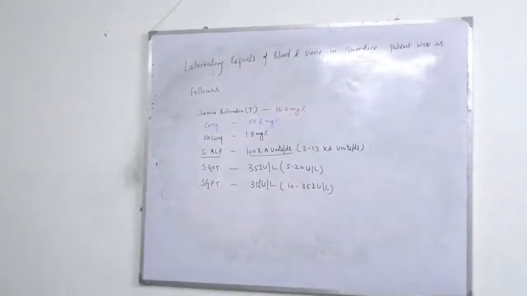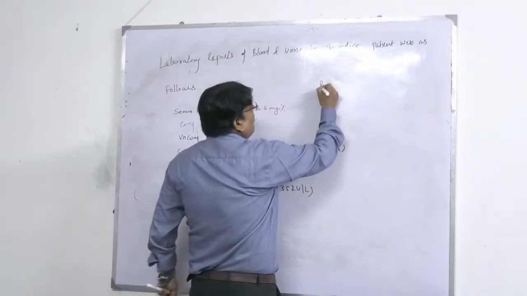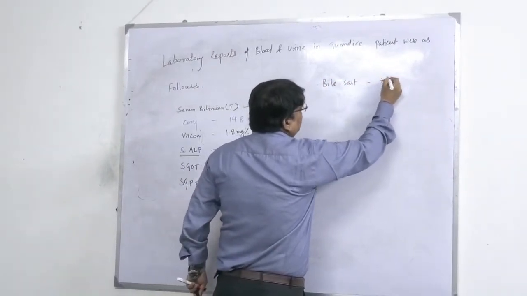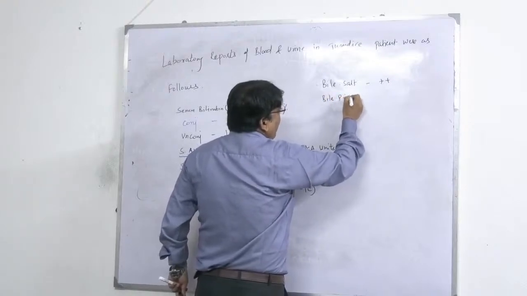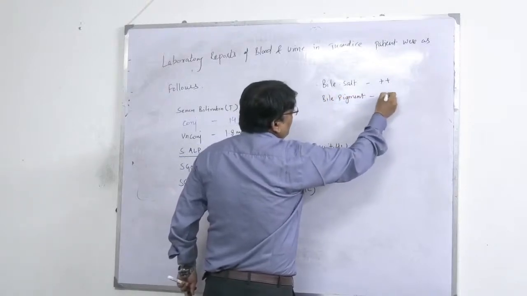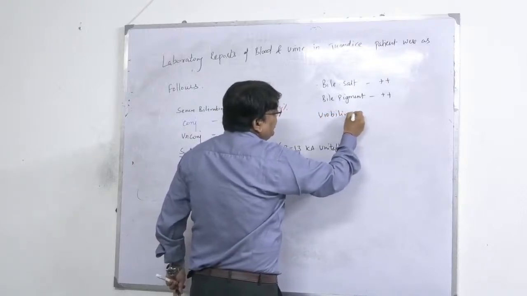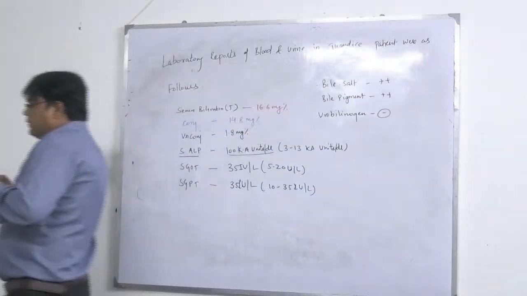Okay, sorry, urine reports are also given. Bile salt, positive. Bile pigment, positive. And urobilinogen is negative. Now tell me the answer first.